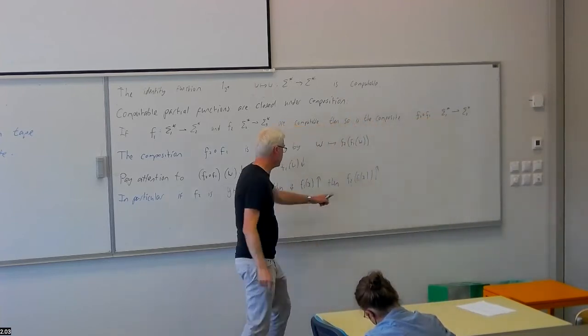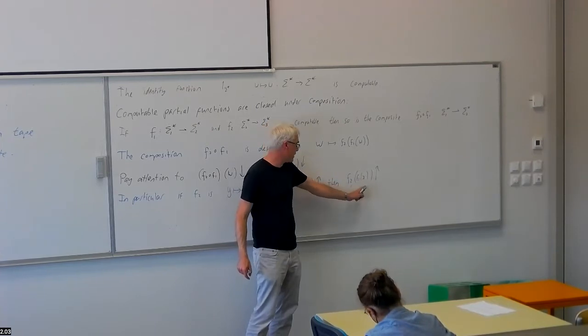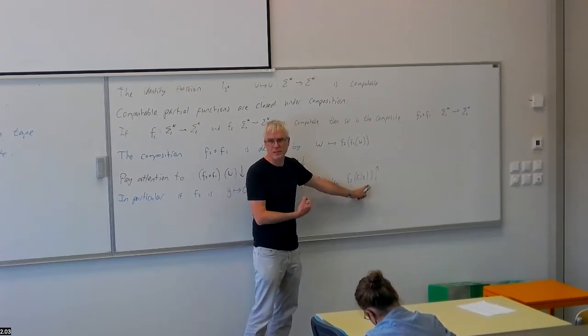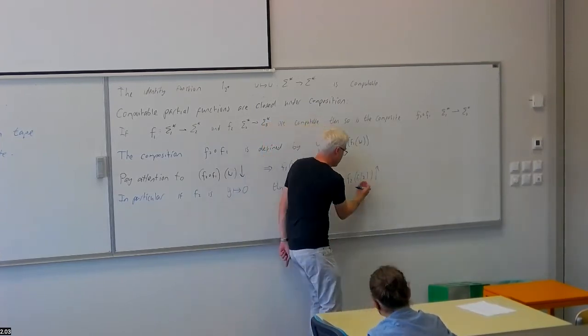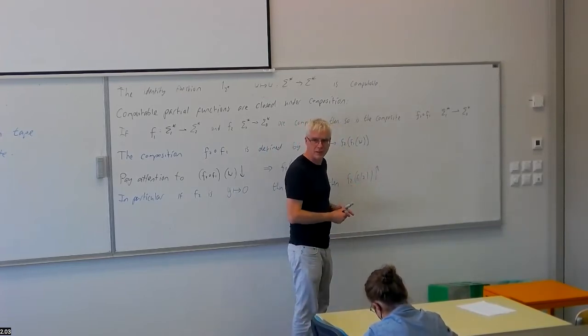So although f2 maps everything to 0, it only maps things to 0 if you actually give it a legitimate argument. If you've become undefined here, then you stay undefined.